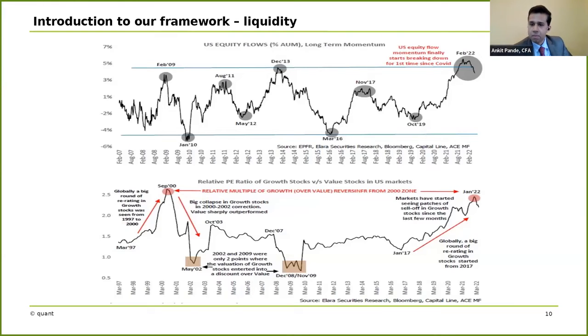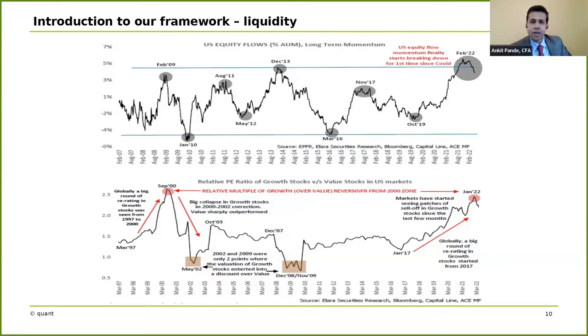And that has started playing out in a big way. Of course, what really happened behind the scenes was the Federal Reserve's announcement in December 2021, a big hawkish U-turn. That has snowballed into a lot of the equity outflows, the de-rating of growth stocks, the de-rating of the market, all that's playing out.